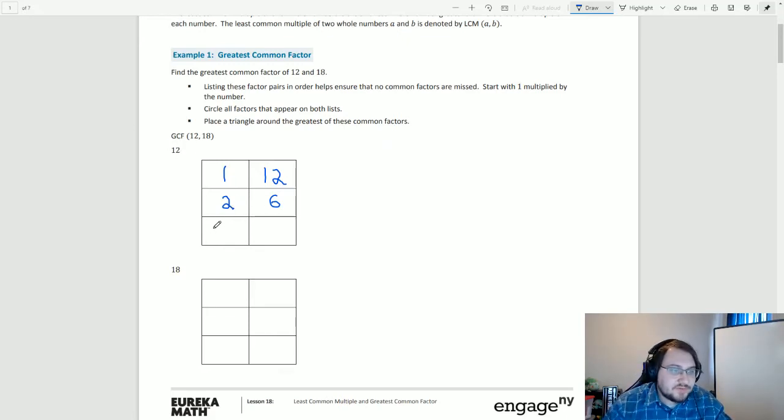Is 3 a factor of 12? Well, yes. I can divide 12 by 3 evenly. And if I do 12 divided by 3, I am going to get 4.